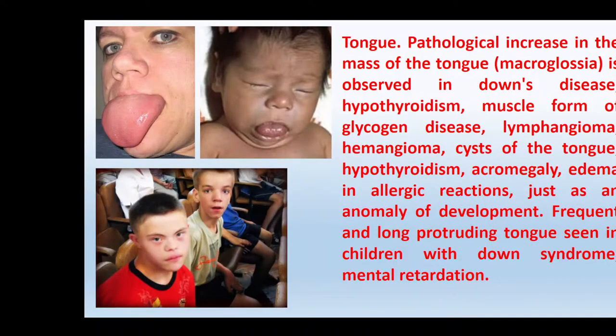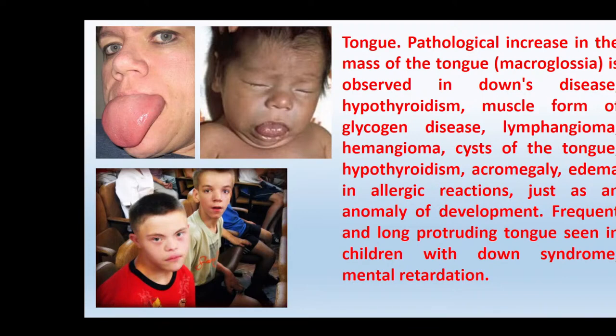What about the tongue? Pathological increase in the mass of the tongue, called macroglossia, is observed in Down's disease, hyperthyroidism, muscle glycogen disease, lymphangioma, hemangioma, cyst of the tongue, acromegaly, edema, or in allergic reaction, or just an anomaly of development.